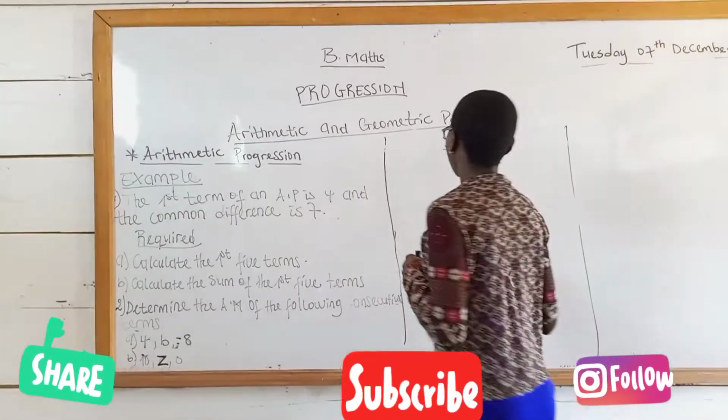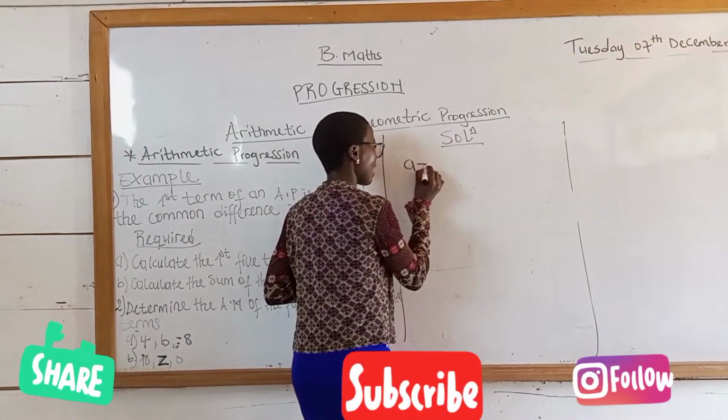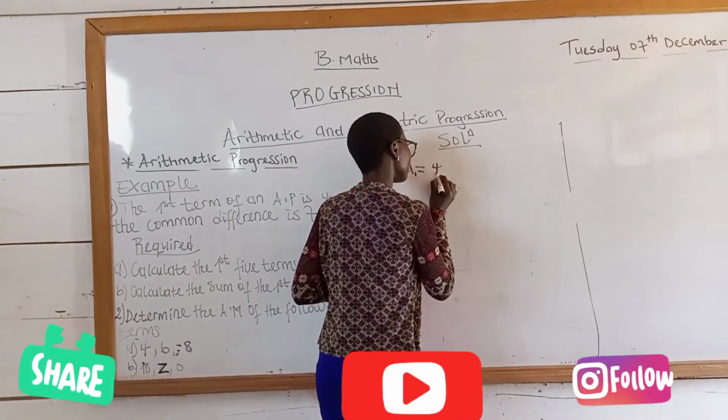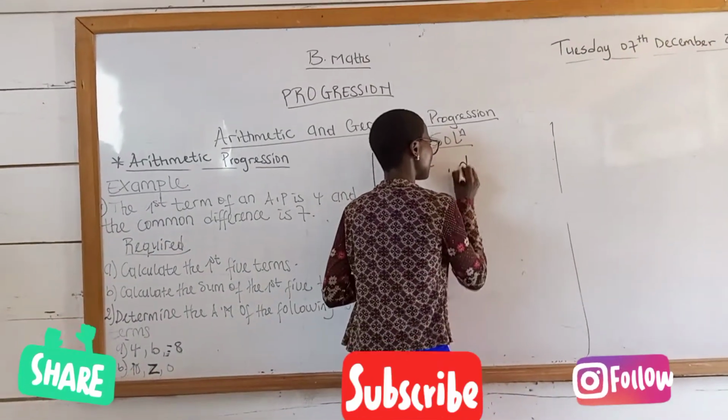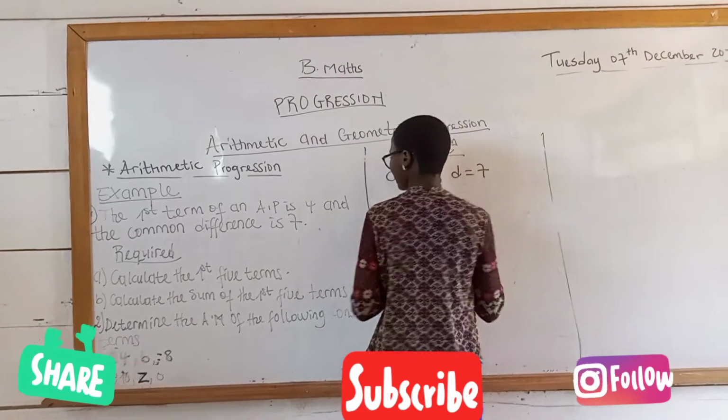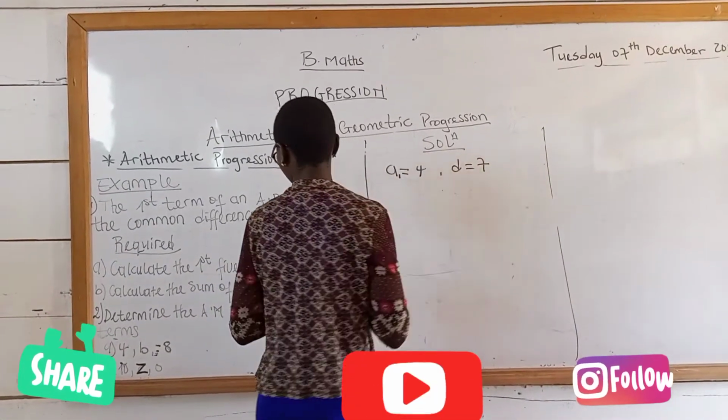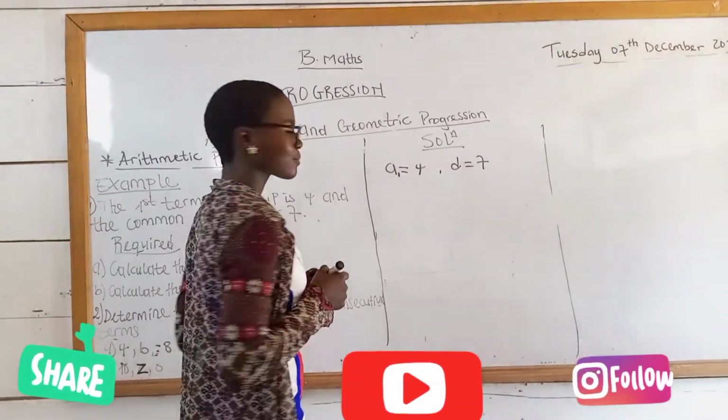They gave our first term, and our first term is A1. It is 4. They gave us the common difference, which is D, and it is 7. They said we should calculate the first 5 terms.